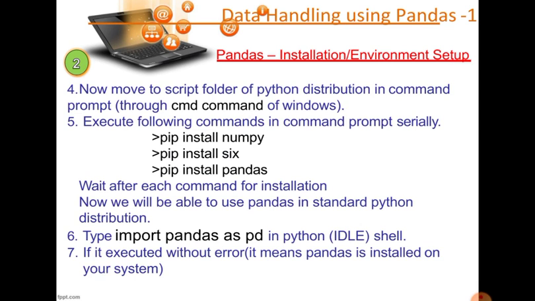Wait after each command for installation. Now we will be able to use pandas in the standard Python distribution. Type import pandas as pd in the Python IDLE shell. If it executed without error, it means pandas is installed on your system.